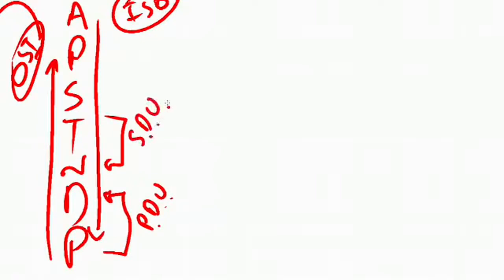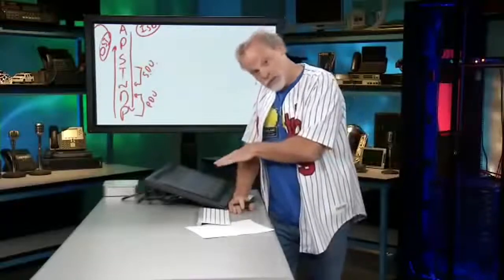Now, these layers also have a very defined methodology of communicating up and down this stack. If it's a protocol, we're going to use what's called a PDU, a protocol data unit. If it's going to be a service, we're going to use an SDU, or service data unit. Now, that's a little advanced knowledge, because chances are you won't be messing with any of that. I just really want you to know it exists.